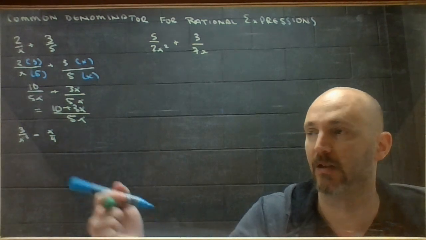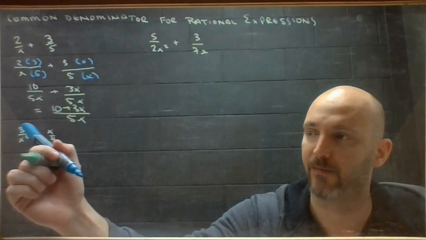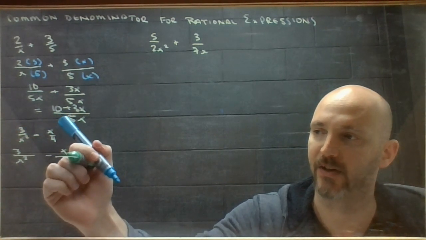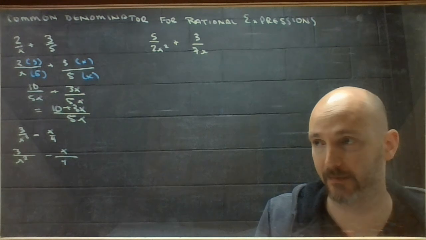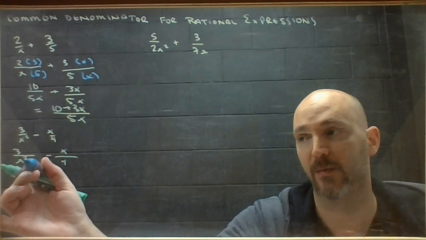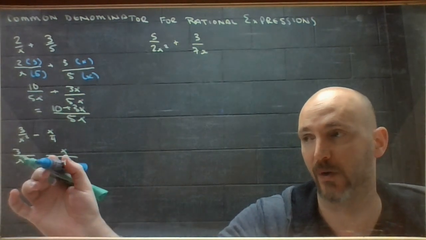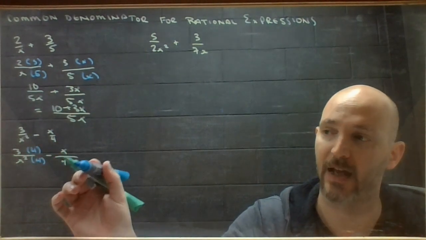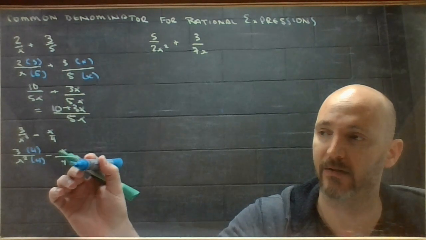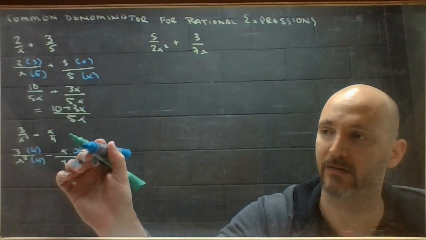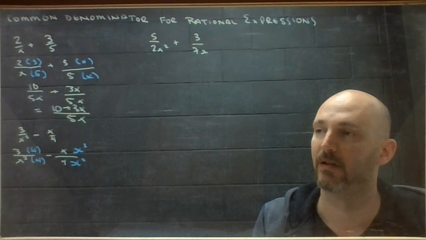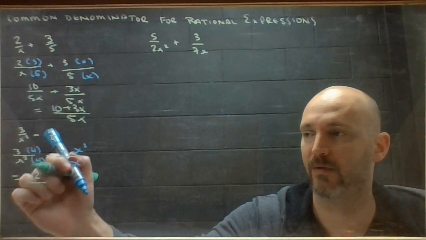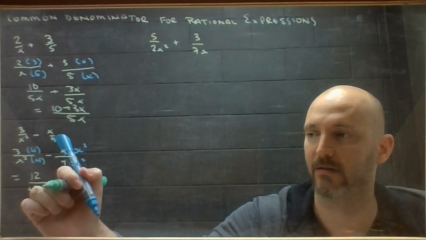This one, I see a fraction with an x squared in the denominator, and I see a fraction with a 4 in the denominator. This one has the x squared, it needs the 4, so I introduce the 4. This one has the 4, it needs the x squared, so I introduce the x squared. That gives me 3 times 4 is 12 over 4x squared.